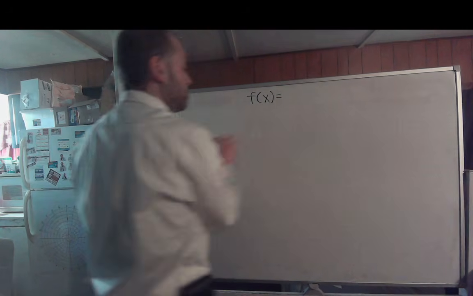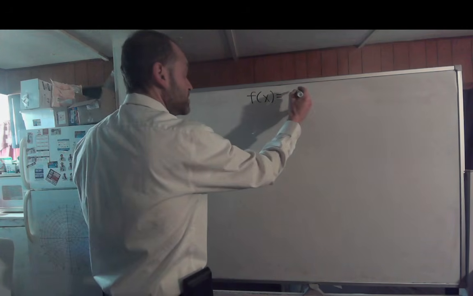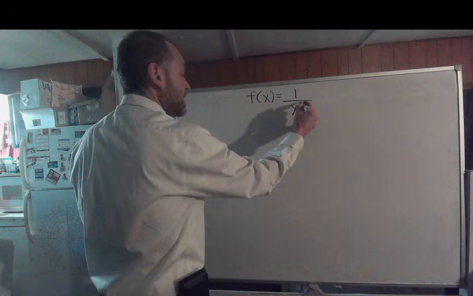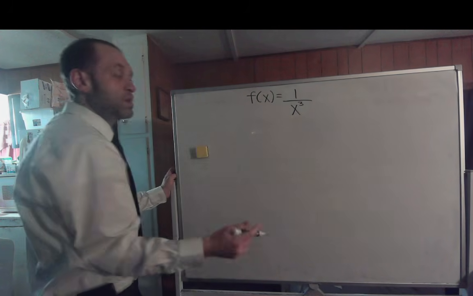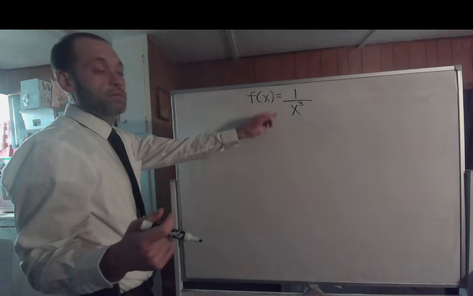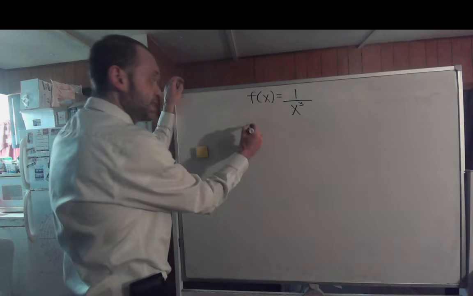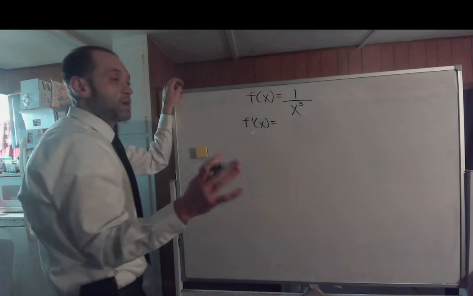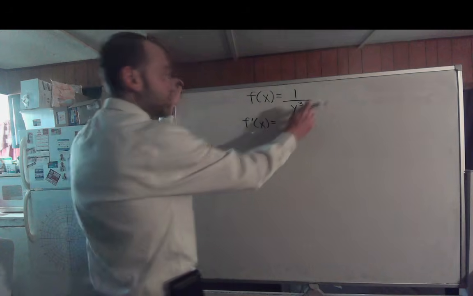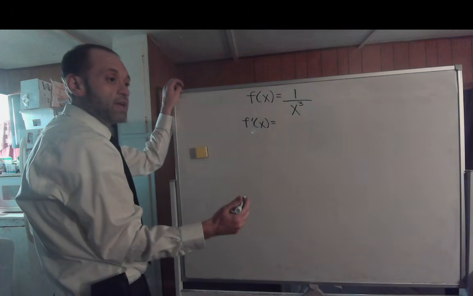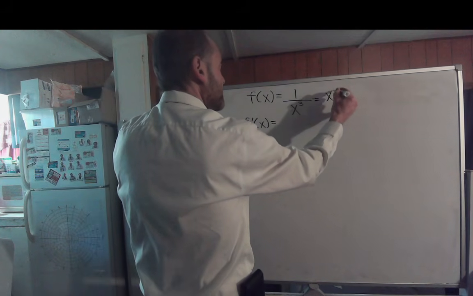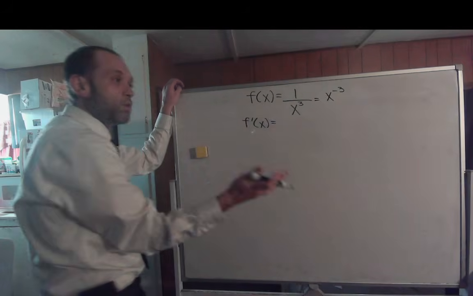Let's do a couple more. Let's say I do 1 over x to the third. So I have f of x equals 1 over x to the third. I definitely want to find f prime of x, but what might help me first is to write that 1 over x to the third as an x to the negative power. So this would be the same thing as x to the negative third power.